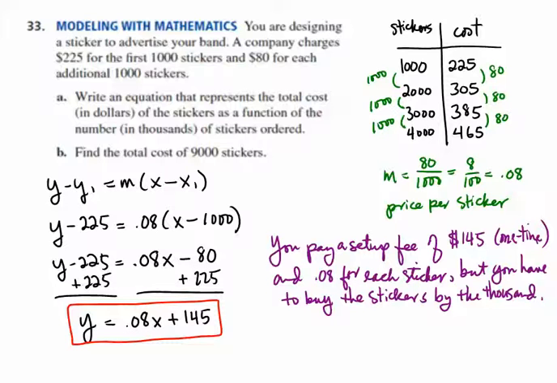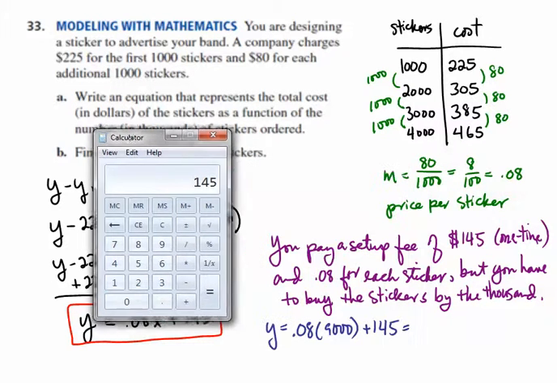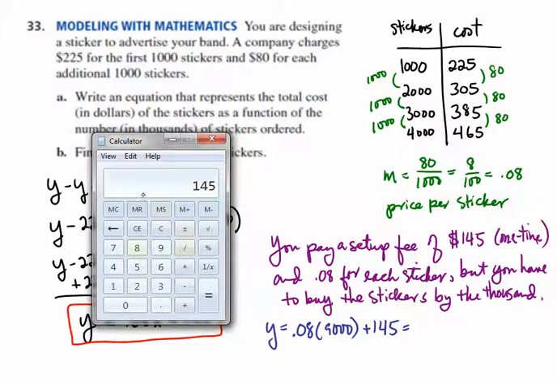Now the last thing that we wanted to do here was find the total cost for 9,000 stickers. X represents the number of stickers, and so we would have y is equal to 0.08 times 9,000 plus 145. Bring up our calculator, and we get 0.08 times 9,000.